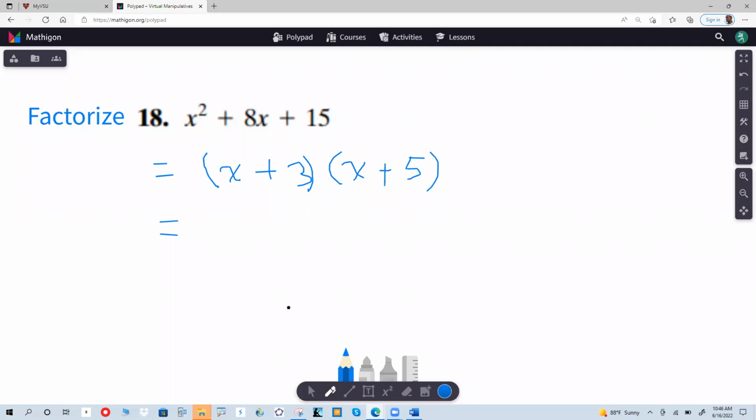Thank you for sharing. I will confirm it for you: Jack's answer is correct. X times X is X squared. 3 times 5 is positive 15. So far, so good. And the middle terms, outside and inside, will give you 3x plus 5x.